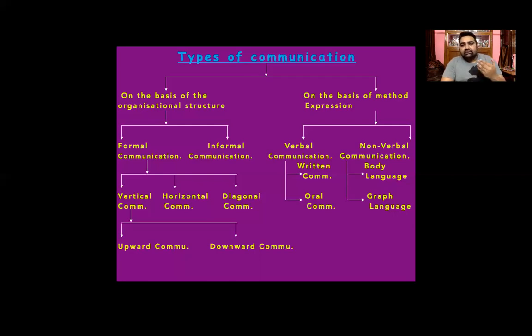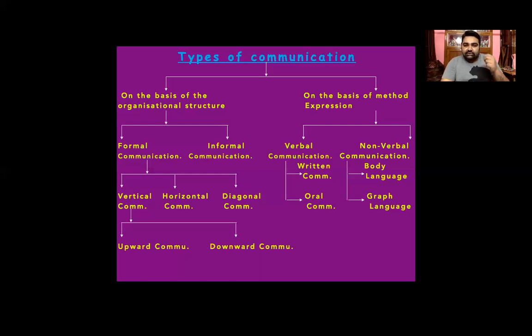Then the teacher informs the principal. Then the principal discusses the problem with the director or the board of directors. So here the lower authority is communicating with the higher authority by following the paths. This is upward communication.